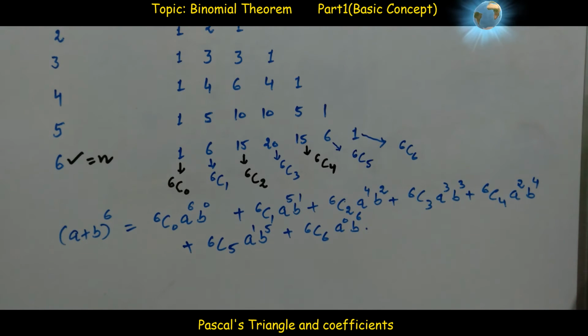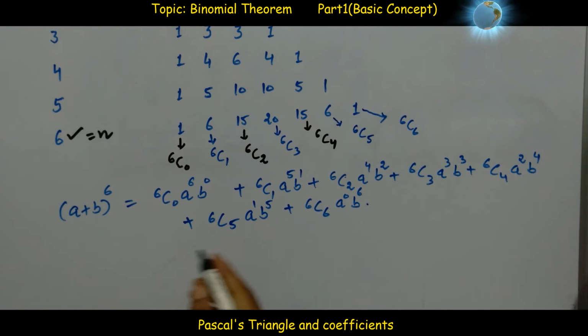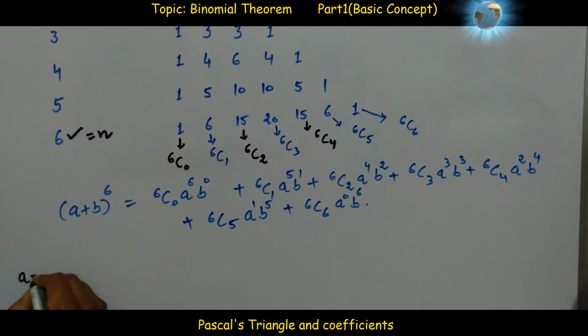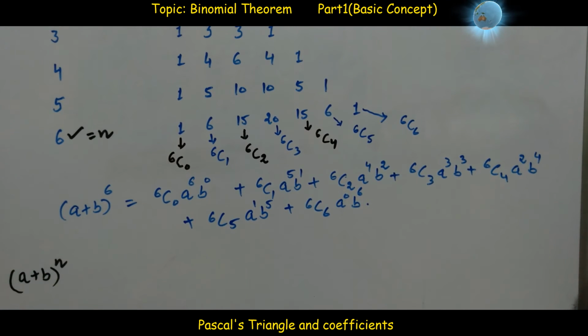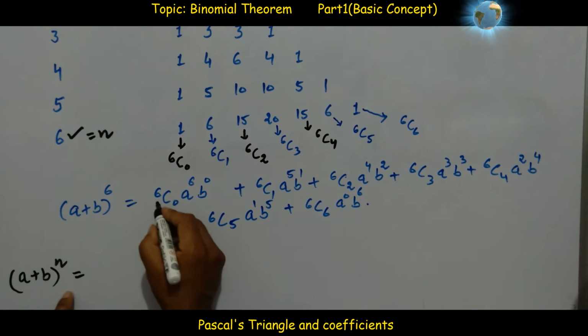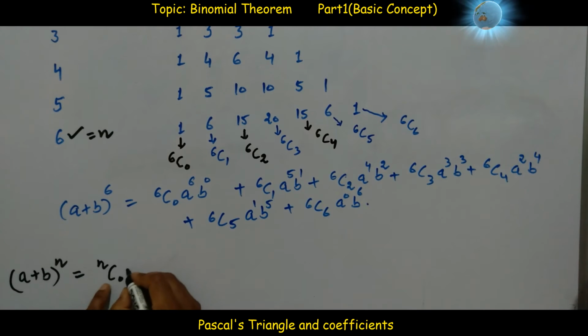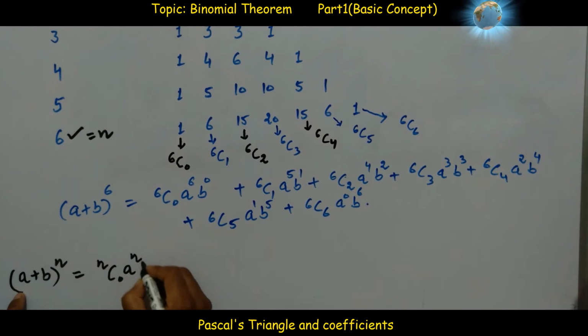Similarly we can get one general result. What is that? This is about (a plus b) whole raised to power n. In place of 6 we are writing n. So the right side, we can write this way: nc0 a power n b raised to power 0, first term.